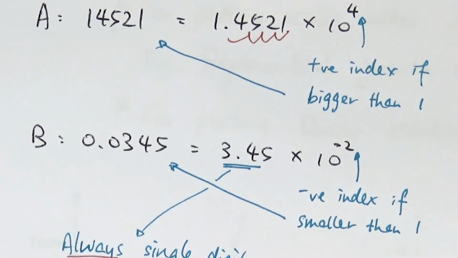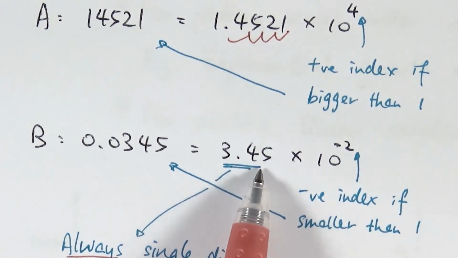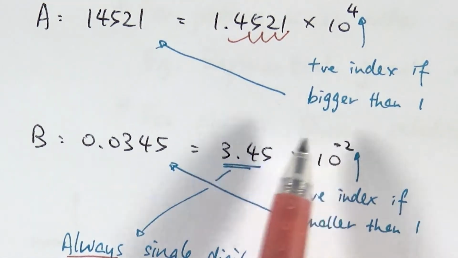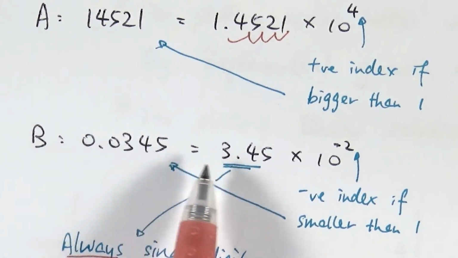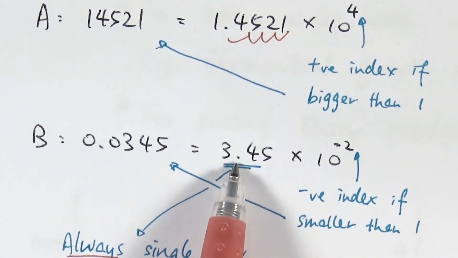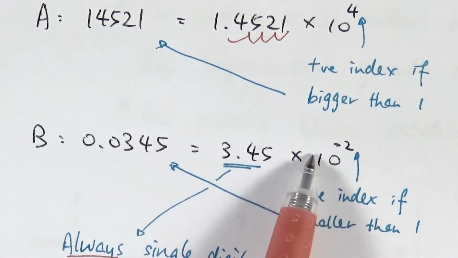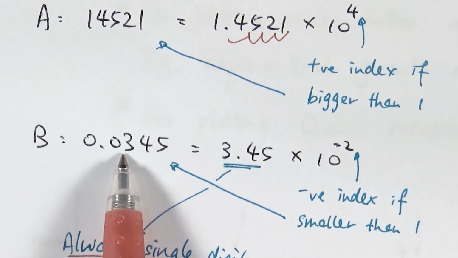Or if it's a smaller number, then I get 3.45 times 10 to the minus 2. In this case, we use a negative index if the number is smaller than 1. I can move this decimal place twice towards the left this time, because it's negative and smaller, and then I get back to the same number.